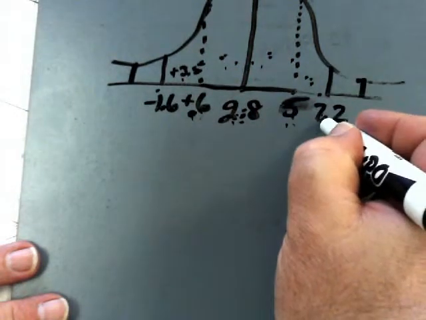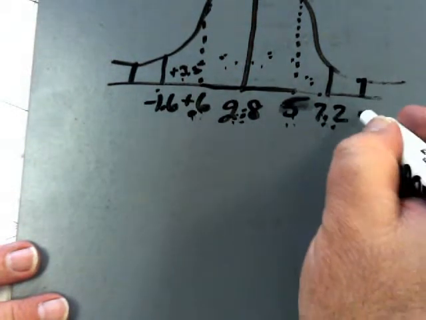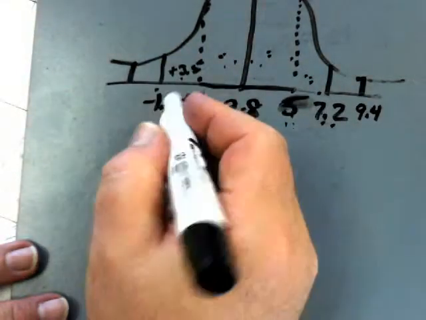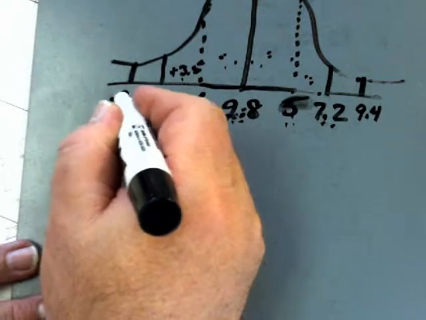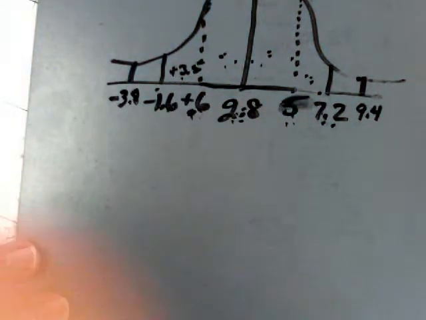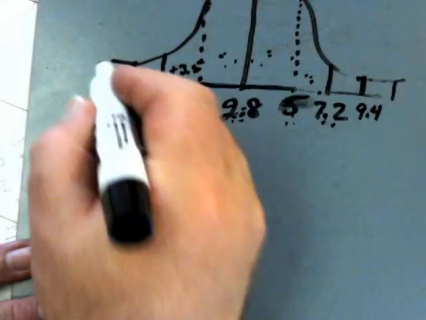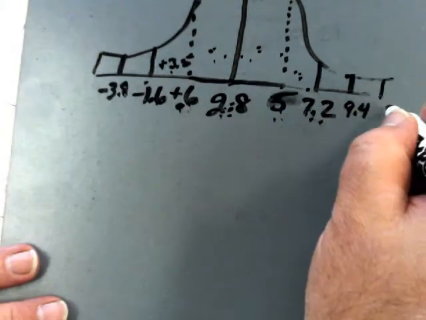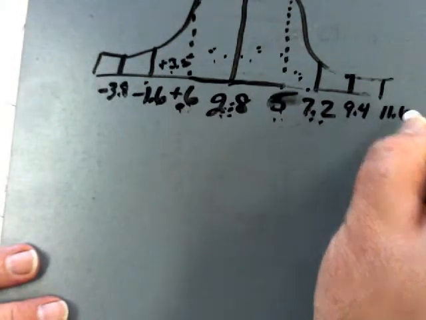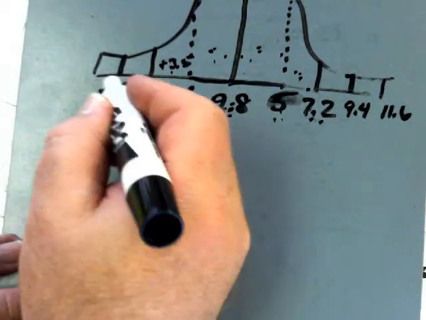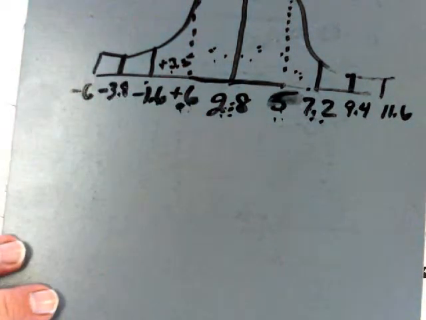So I take 7.2, add 2.2, get 9.4. Subtract 2.2, I'd have a negative 3.8. And the fourth standard deviation, I take 9.4 and add 2.2 would be 11.6. And this one would be about a negative 6. Right?